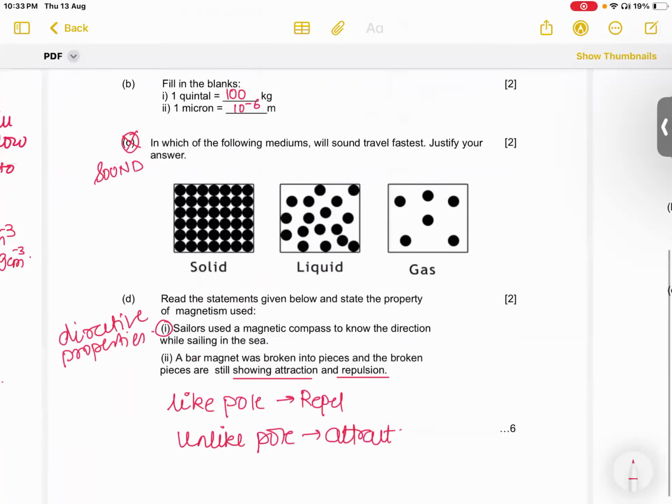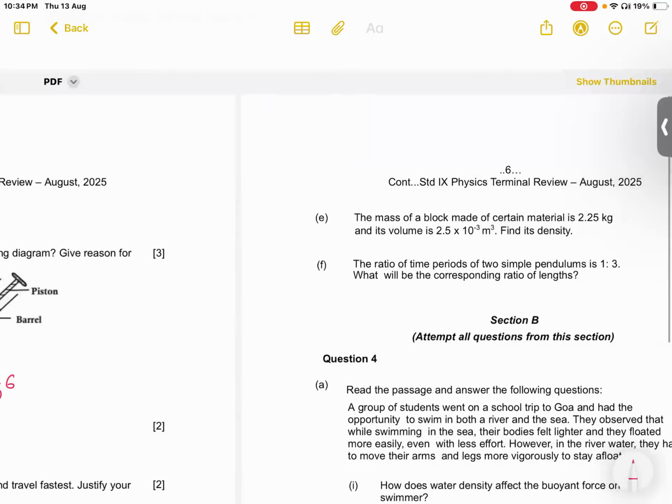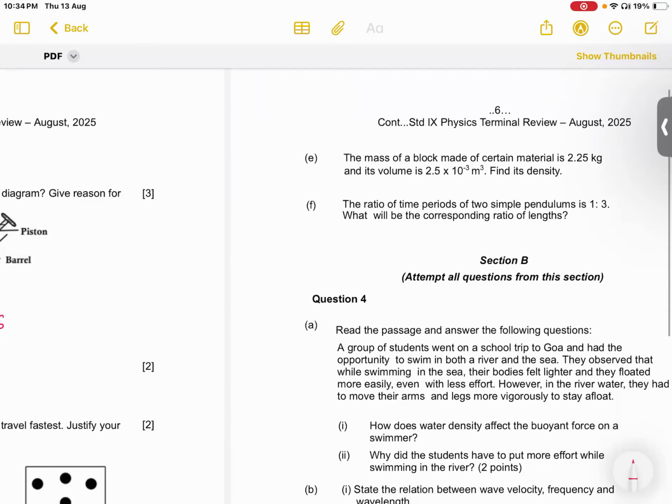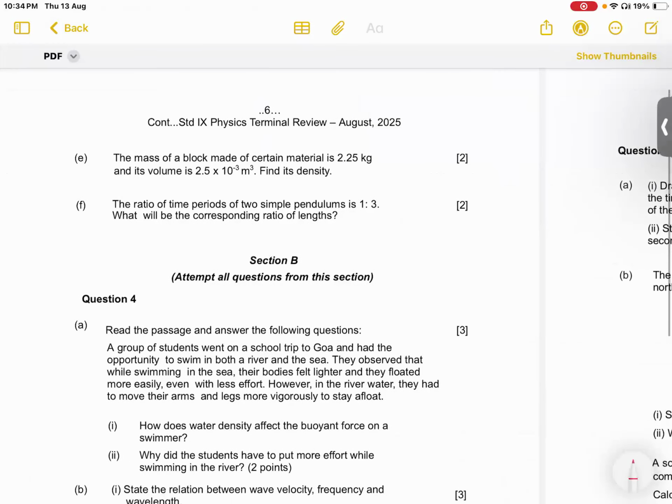Okay, kids, come on. Next one. The mass of a block is made of a certain material whose value is given to us, and its volume is so and so. We need to calculate the density. This is so simple.